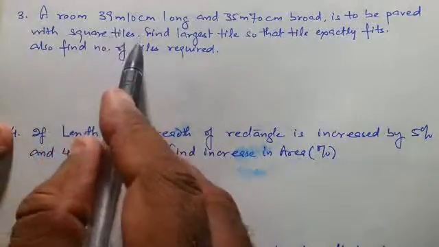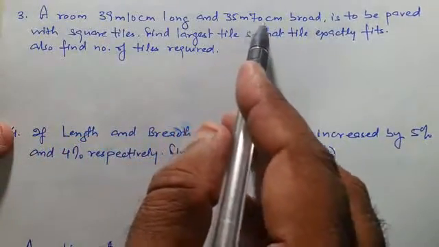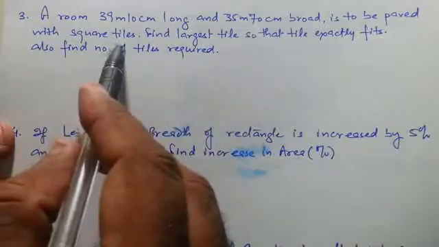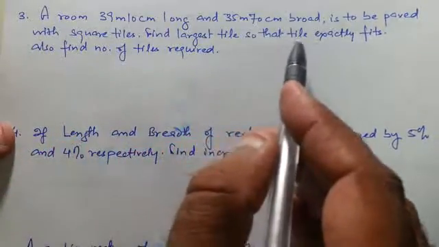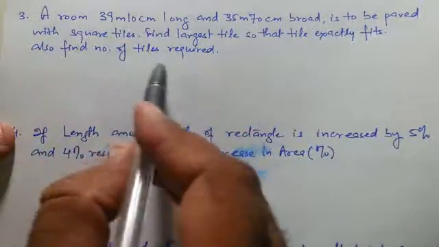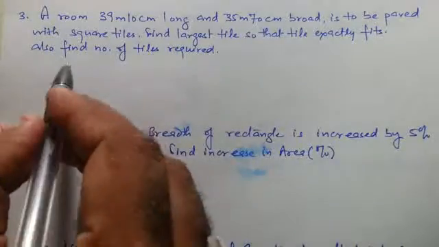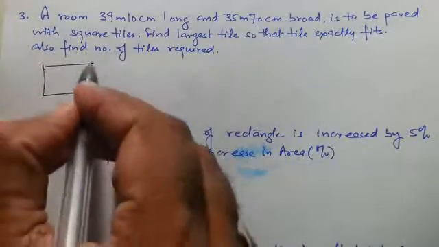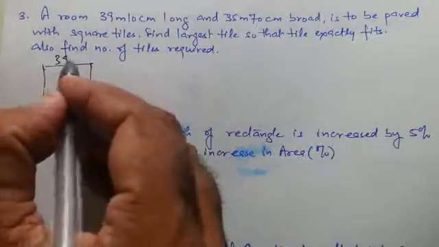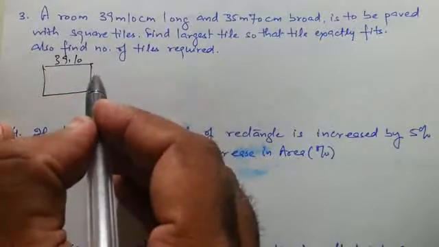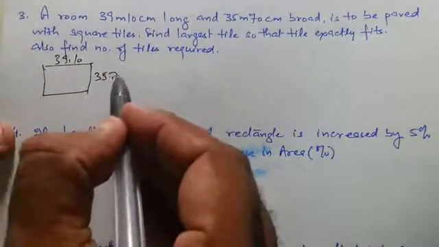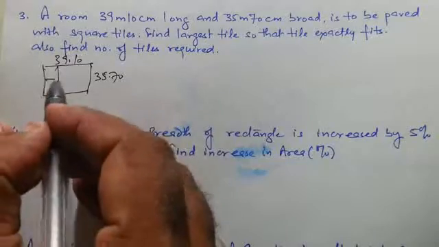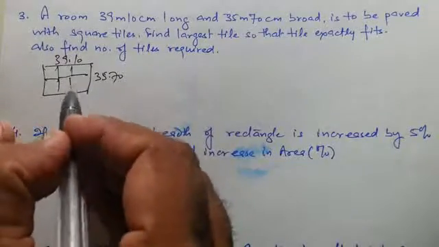Let us see another question now. A room 39 meter 10 centimeter long and 35 meter 70 centimeter broad is to be paved with square tiles. Find the largest tile so that the tile exactly fits, and also find the number of tiles required. So it's that easy. We are having a room. The dimensions are given: 39.10 meter and 35.70 meter. We have to pave it with square tiles of the largest size.